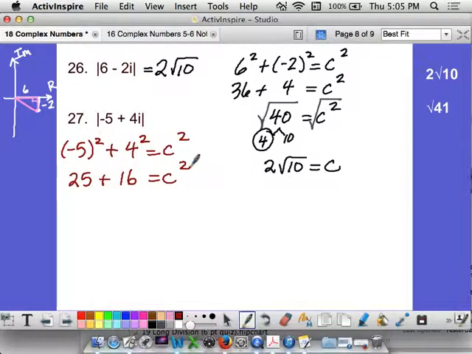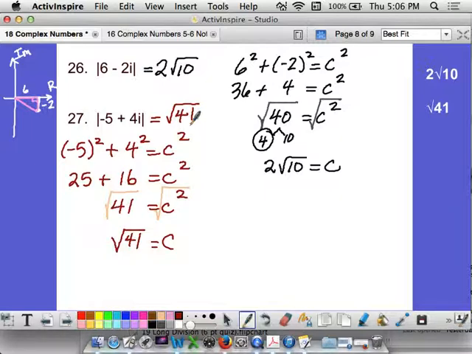When I add those together, I have 41 is equal to c squared. Then I take the square root of both sides, and c is equal to the square root of 41. It's a prime number, so that is my answer. The answer is simply the square root of 41.